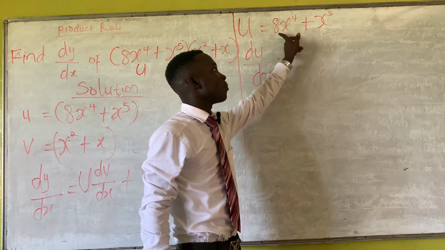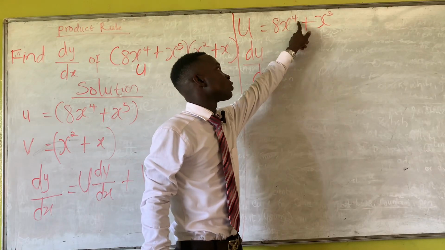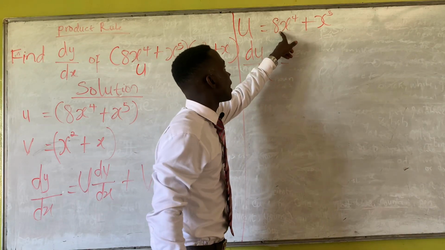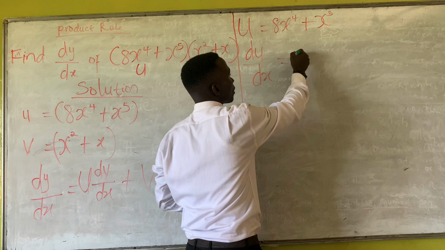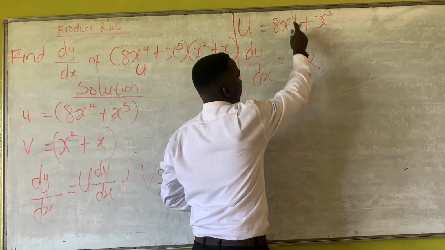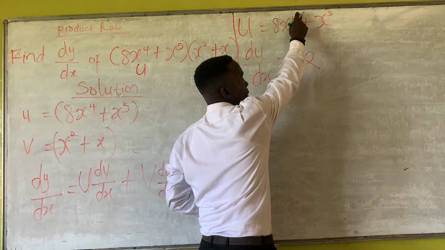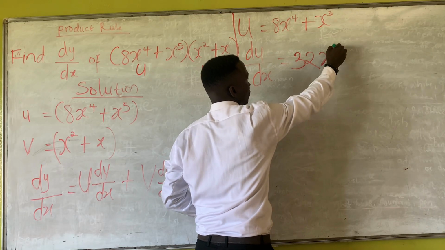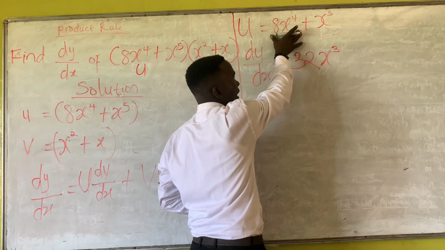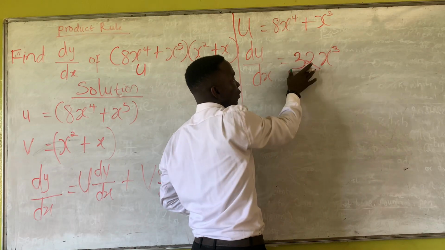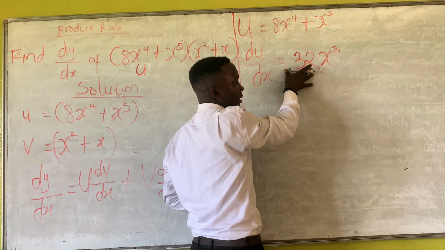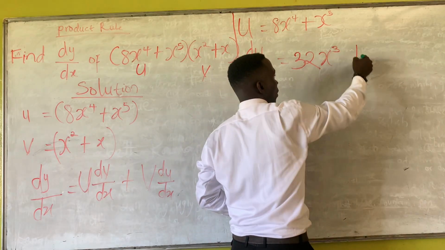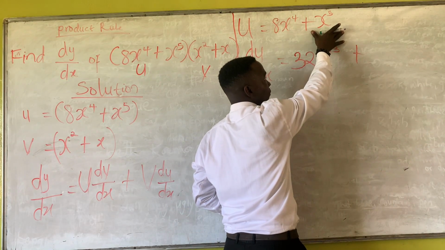The power here will multiply the coefficient of x. So 4 times 8 gives us 32. Then subtract 1 from the power. We're now going to have x raised to the power of 4 minus 1, which gives us 3. So differentiating 8x^4, you have 32x^3, plus differentiate x^5.